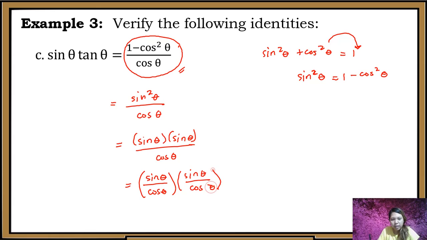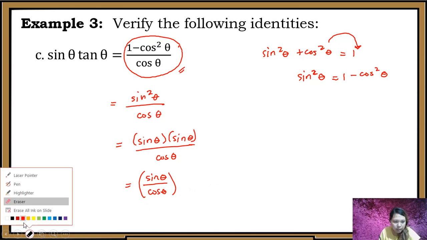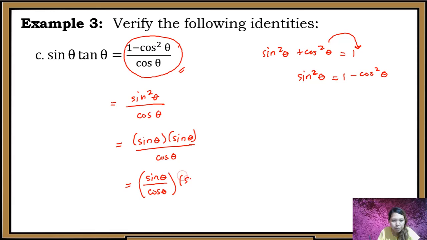Sine theta over cosine theta is tangent theta, and just copy sine theta. By commutative property, this is sine theta tan theta. So, verified.